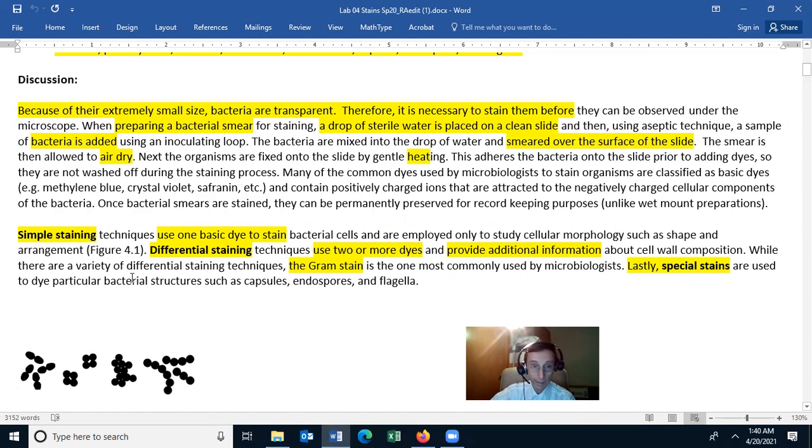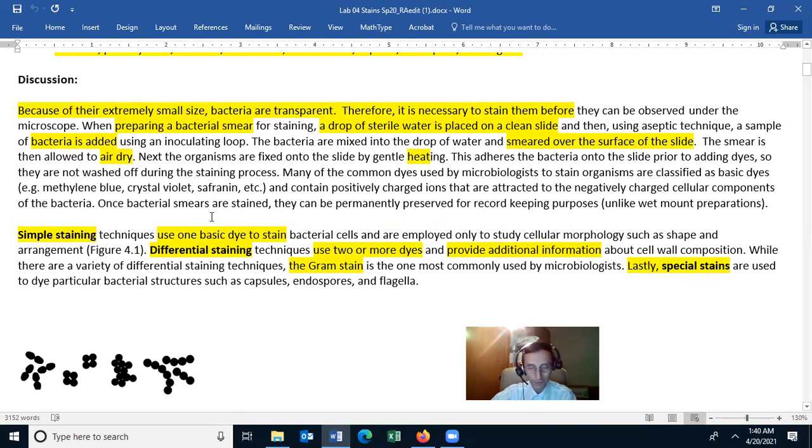A simple staining technique is where you use one and only one dye to stain the cells. Most of the time we'll be using a basic dye, but actually a negative dye is still a simple stain.